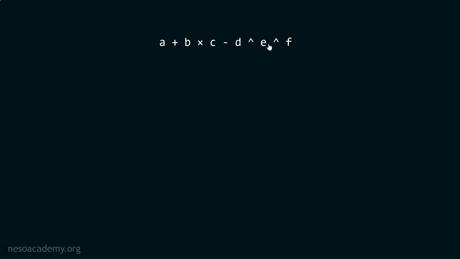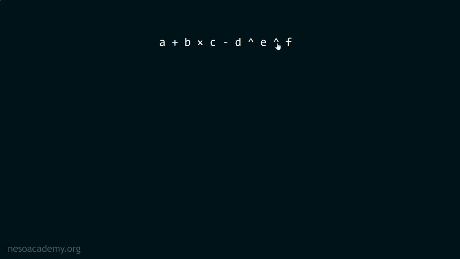But you can see that there are two power operators available in front of us. Now which expression will be evaluated first is a question of concern. Whether we should evaluate d to the power e first or e to the power f first. That's the main question, right? And we already know that if the operators have the same priority, the same precedence, then associativity comes into picture. Here we know that these two operators have the same precedence.